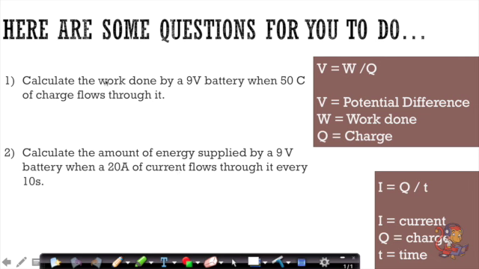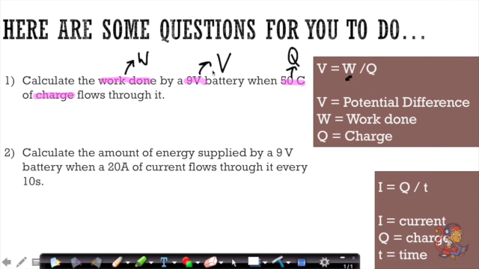So for the first question, it says calculate work done by a 9-volt battery when 50 coulombs of charge flows through it. So we've been asked to calculate work done, we've been given a potential difference, and we've been given a charge. So this time we need to rearrange the equation to make it W equals.